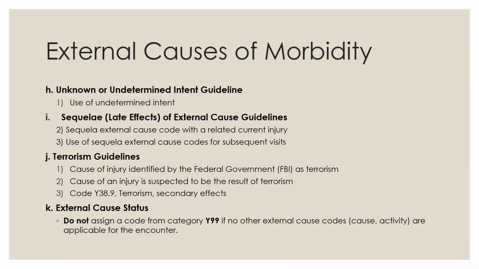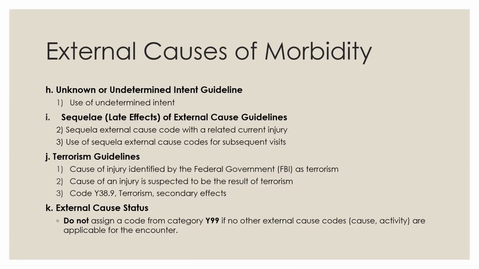This code should not be assigned for conditions that are due to the initial terrorist act. It is acceptable to assign code Y38.9 with another code from Y38 if there is an injury due to the initial terrorist event and an injury that is a subsequent result of the terrorist event.